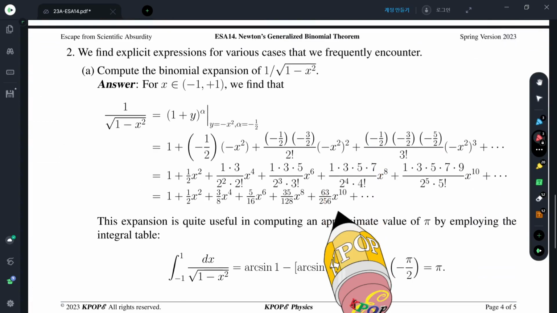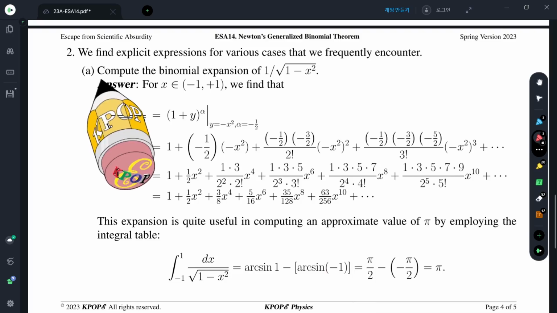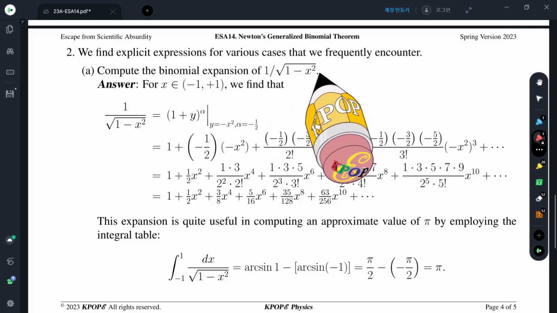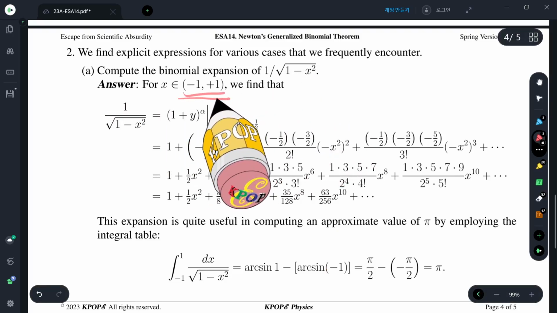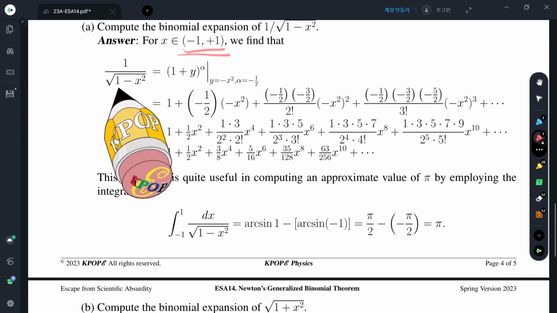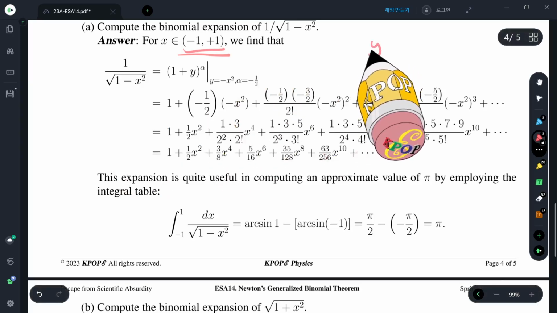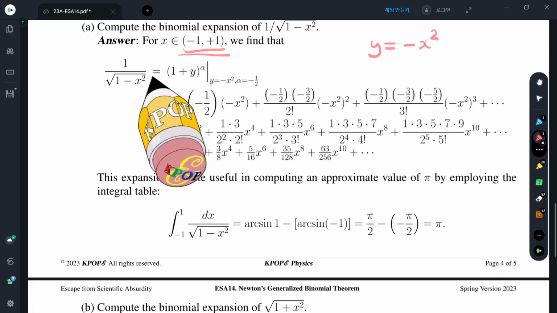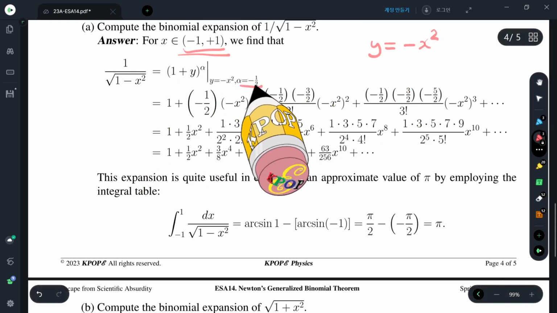We can find an explicit example for applying this generalized binomial theorem. For example, 1 over square root of 1 minus x squared, in the region where |x| < 1. We put y equals minus x squared, and the power is 1 over square root, so our power is minus 1/2.